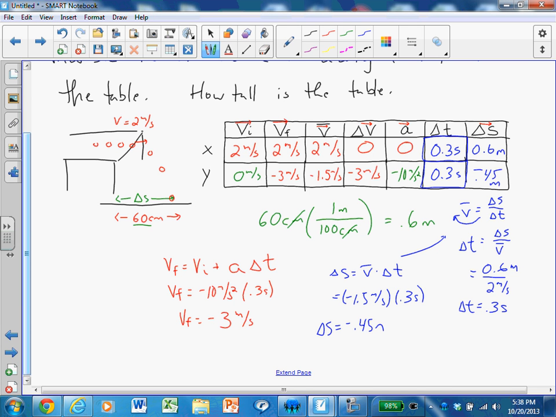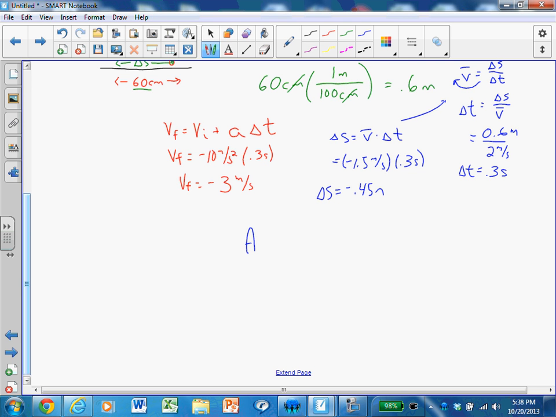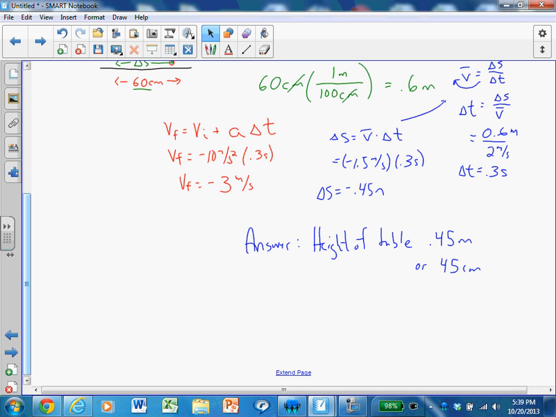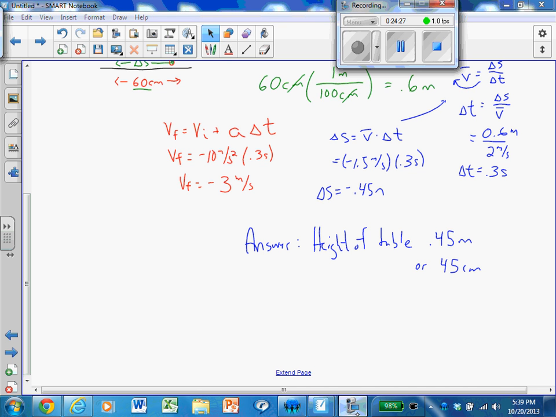So the height of the table is 0.45 meters, or 45 centimeters. Well, that's one short table, but other than that, you can imagine kids playing marbles, so I guess that makes sense. And that will take you through 3.1.